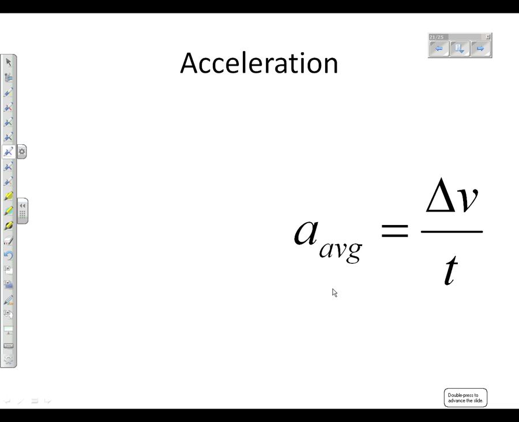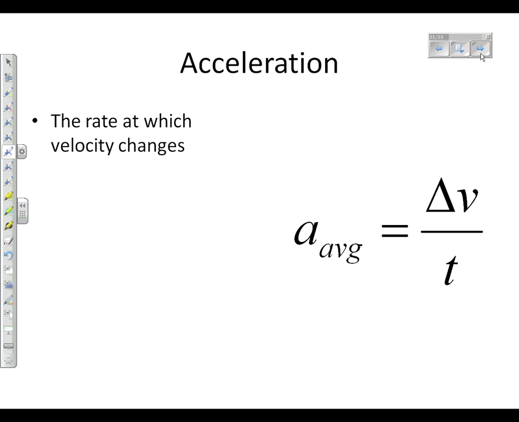If you want to write it down right now, you can, so it's not distracting you. You can kind of get rid of the average there, that's fine. Just same idea. All right, definition. Acceleration is the rate at which velocity changes. The rate at which velocity changes.